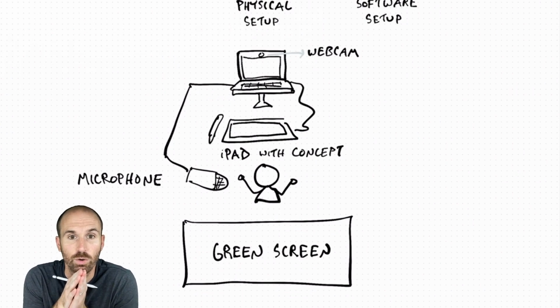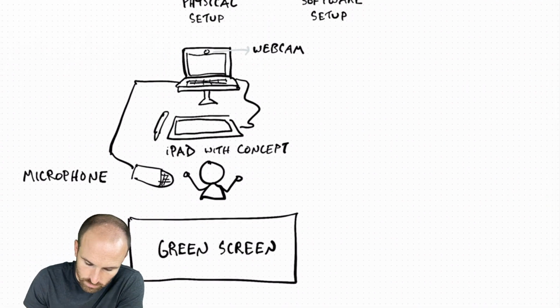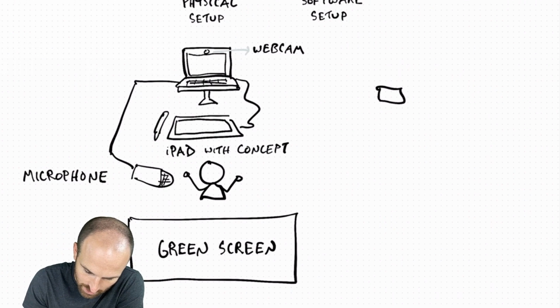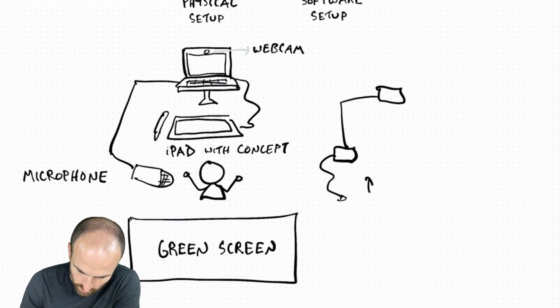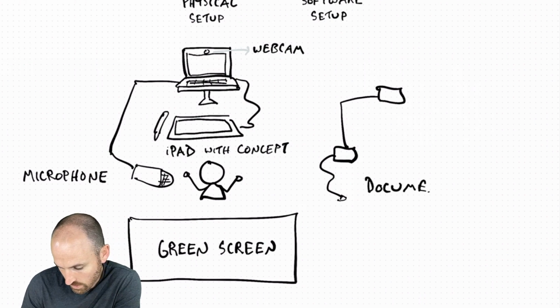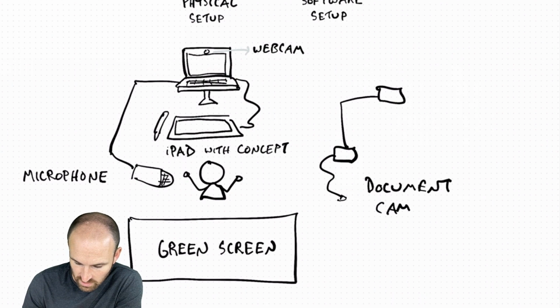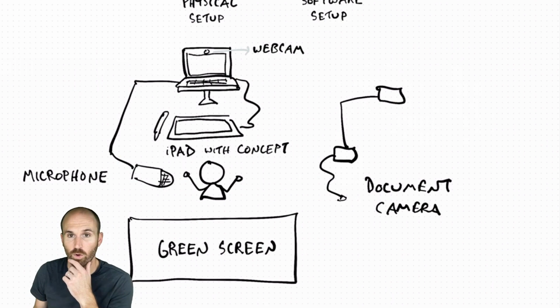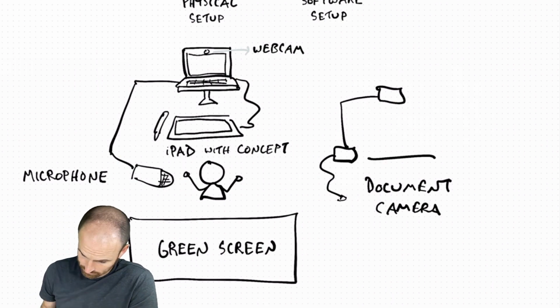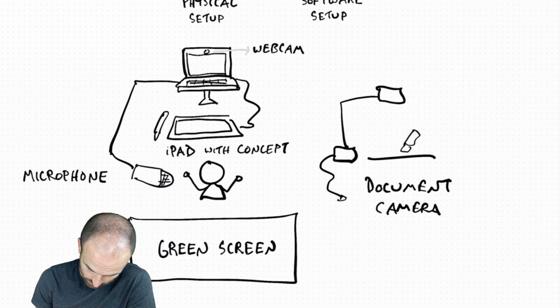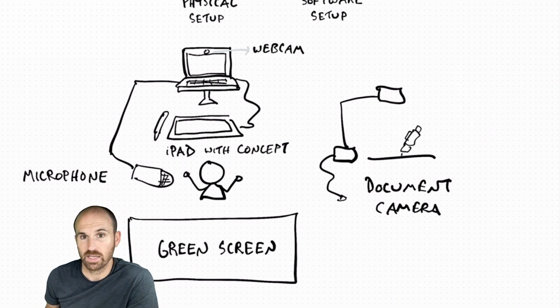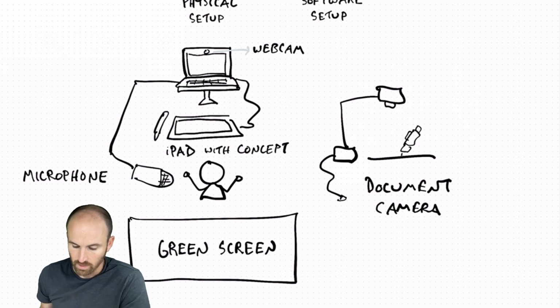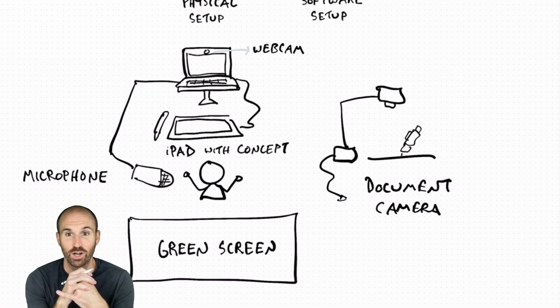Other things that you could do instead of using a tablet to connect to your computer, you could use some sort of a document camera if you have one of those. That's another option. This is something that I remember first seeing in the classroom setting. If teachers wanted to share an overhead but project it to the whole class, they'd have this, and here you're making notes on something. That's one way to keep it analog and still be able to share some sketches.